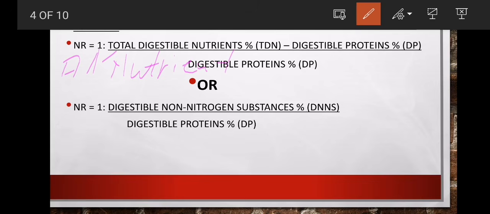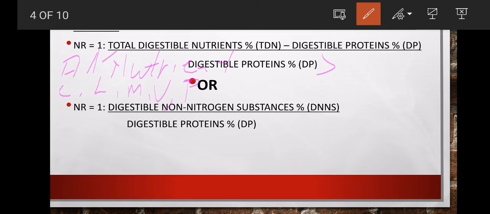That's what we talk about. So we include your carbohydrates, we include your lipids, we include your minerals, we include vitamins, we also include proteins. So we're looking at all the nutrients that are digestible. So that is your TDN, total.